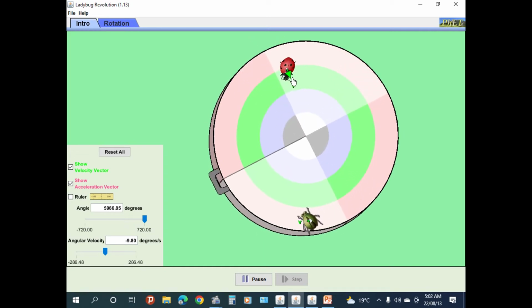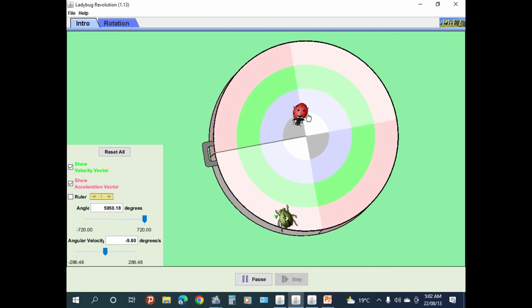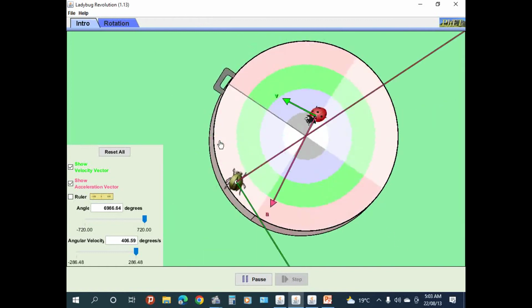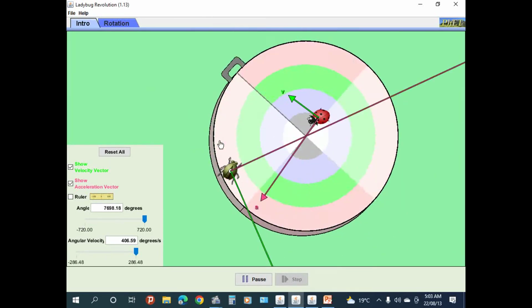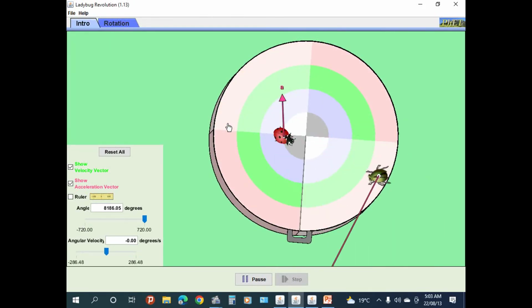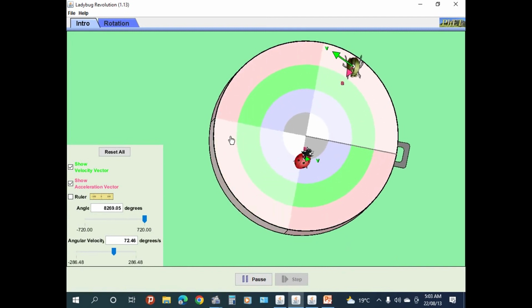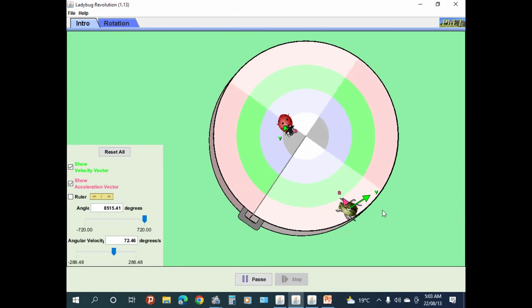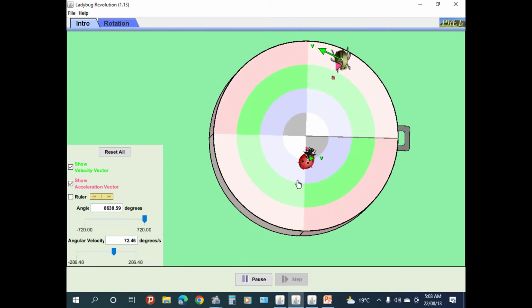This is the radius over here. This tangential velocity and this tangential velocity are not equal.